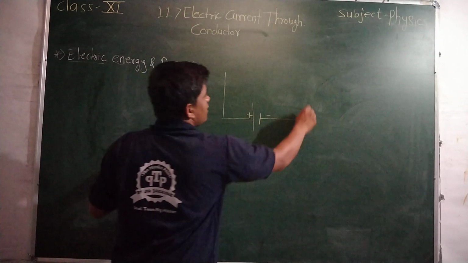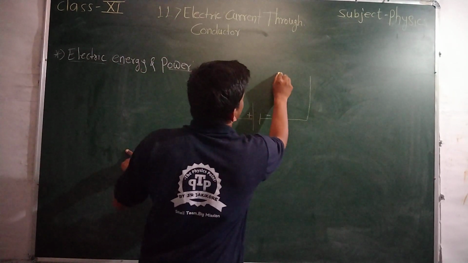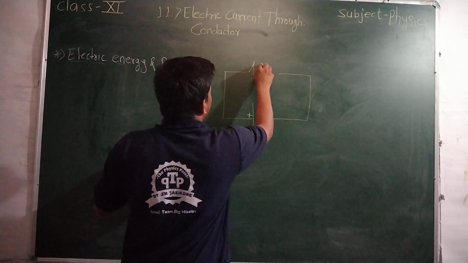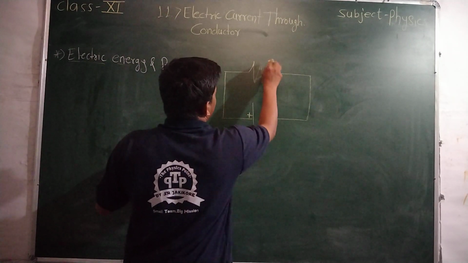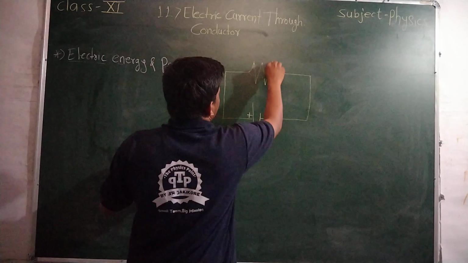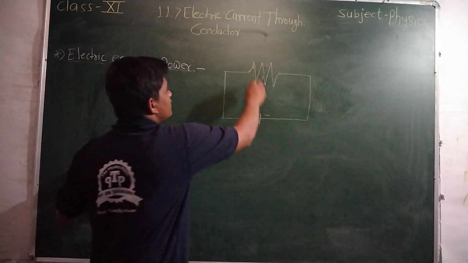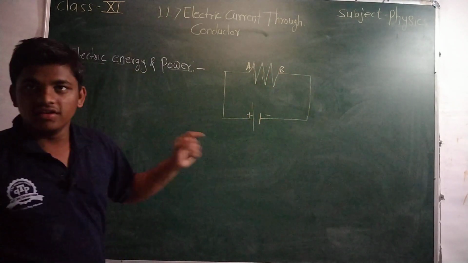In this circuit we also use a resistor. Consider this the resistor AB used in the circuit.